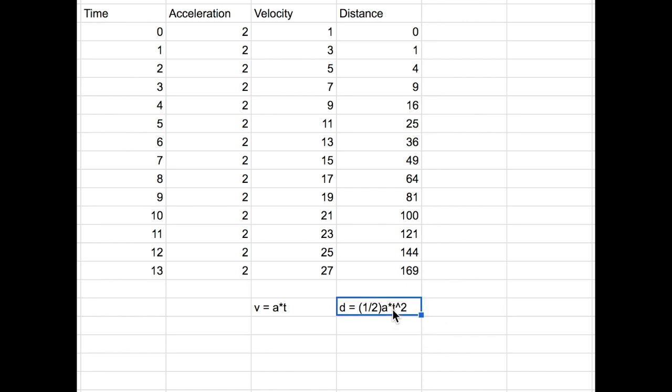And so even though I have not derived for you using calculus that this is a typical expression relating acceleration, time, and distance, you can sort of see, based on this simple example, that the more time that passes, the more velocity you pick up, and the more time you have to turn that velocity into more distance. And so that's why it's time to the second power, or time squared.